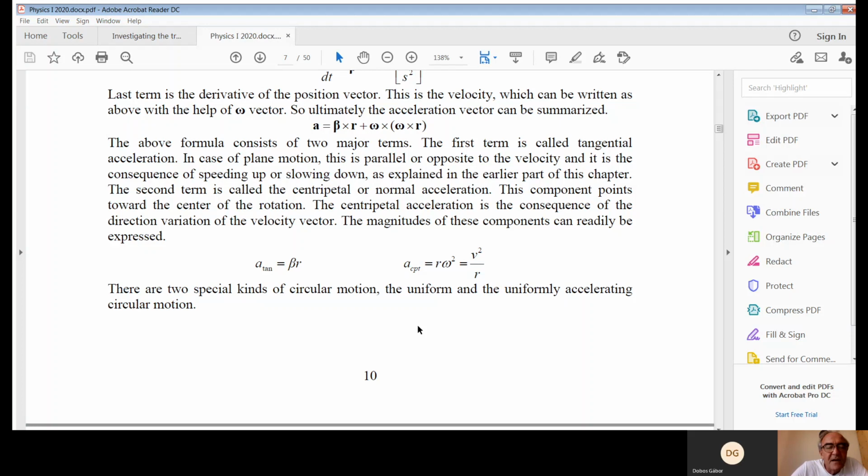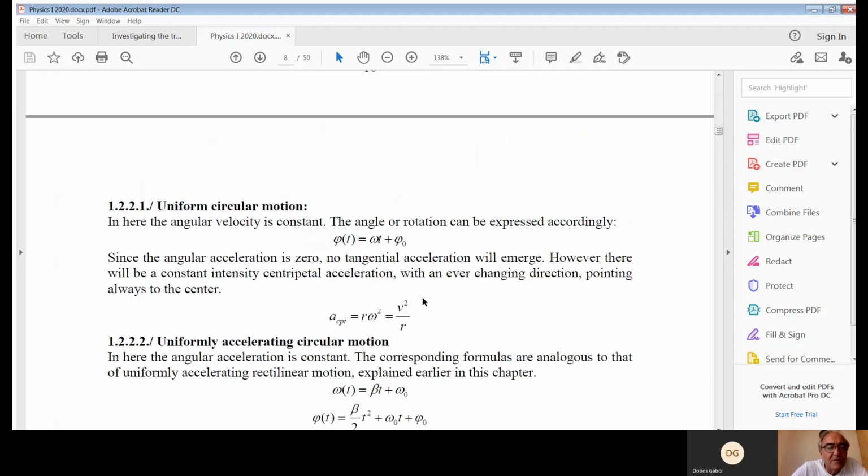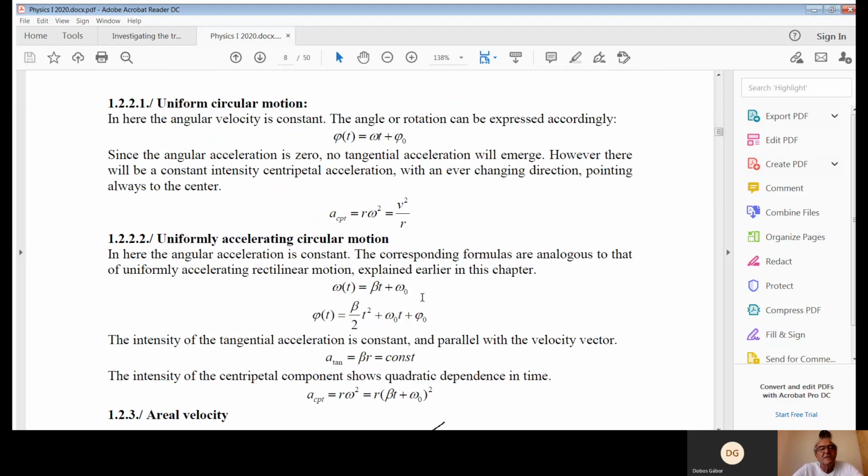There are two special kinds of circular motion, the uniform and the uniformly accelerating circular motion. So far it was the general circular motion. Let's check the uniform circular motion. In here, angular velocity is constant. The angle of rotation can be expressed simply.